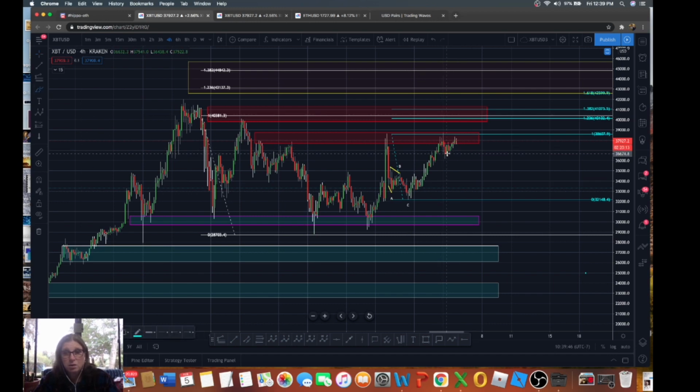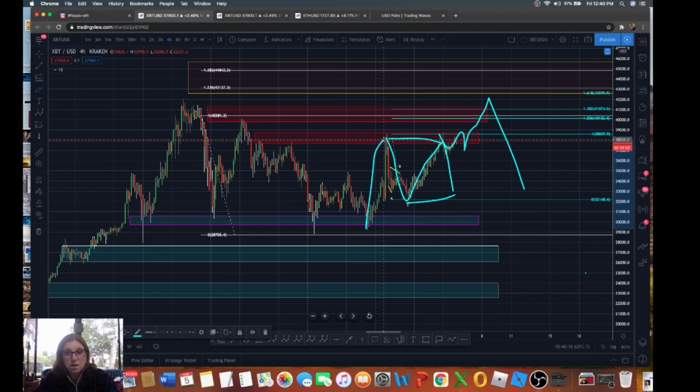It could make a little flat correction here and continue on up. Give us the B scenario and come back down. It could give us the flat here. And then give us a connector to this leg.